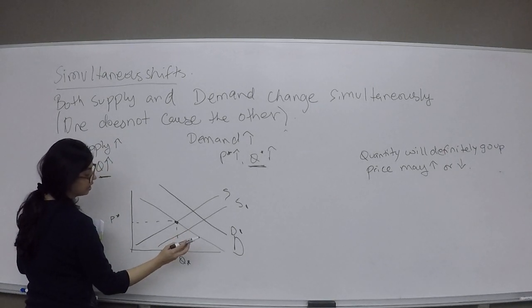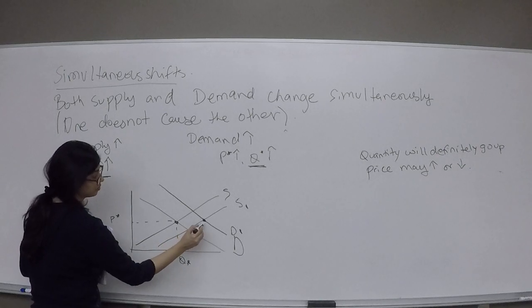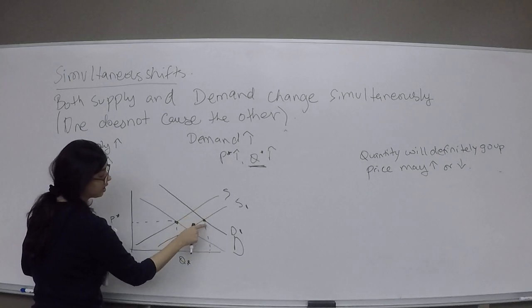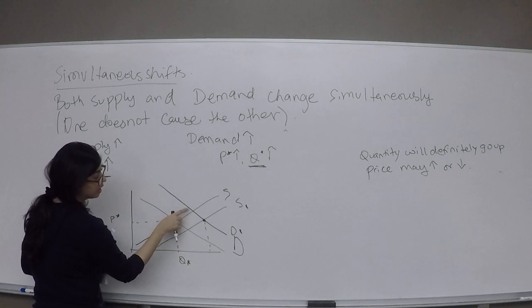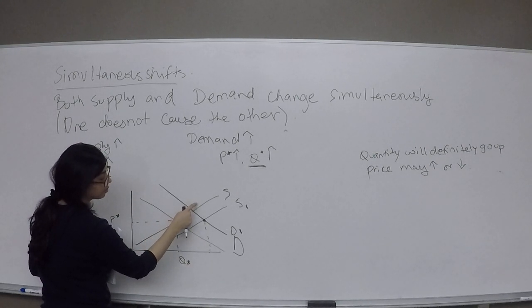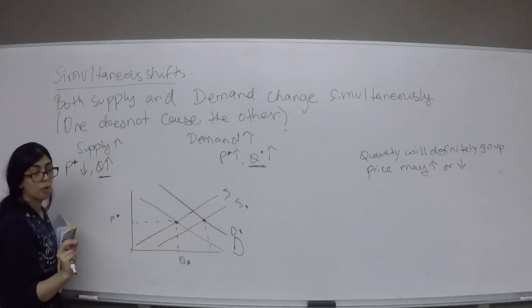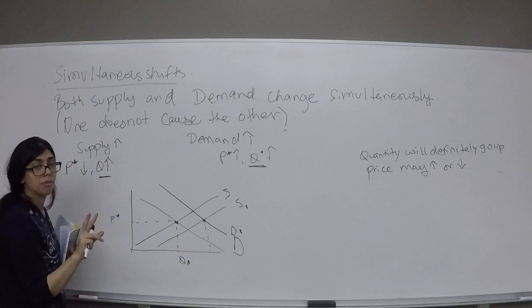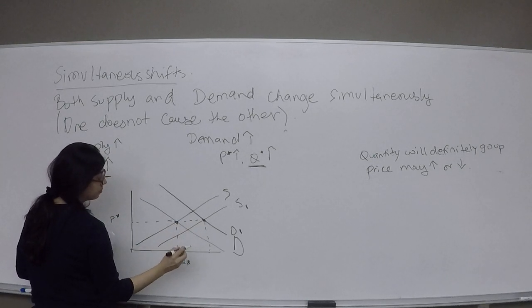Now this is where the new supply and demand are meeting. It's not this one because here the demand is new but the supply curve is the old one. So the new equilibrium is where both the new supply and new demand are meeting. That's the new equilibrium.